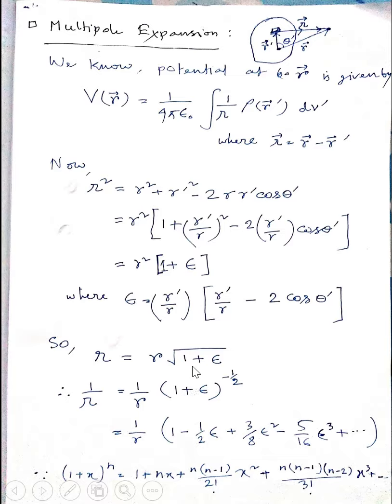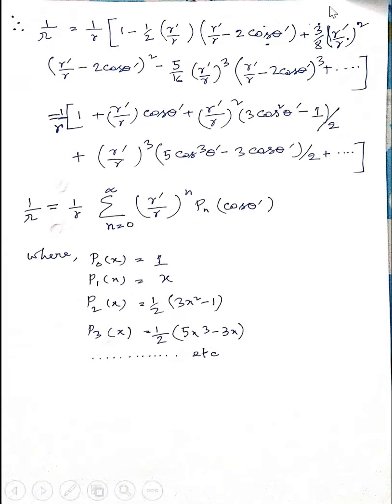So if we expand this curly r, I mean 1 by curly r precisely, in this way, and then replace epsilon again by the real term which we had considered as epsilon, then we will get this expression.